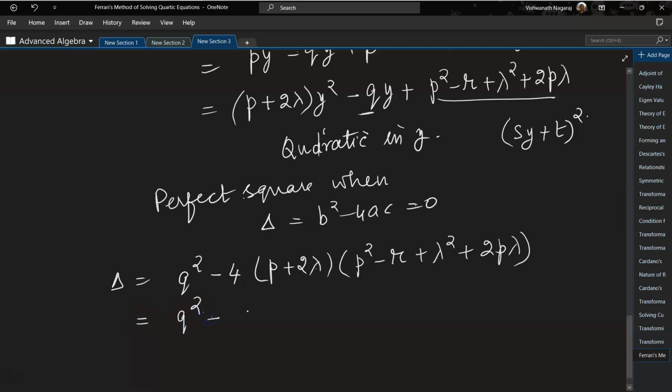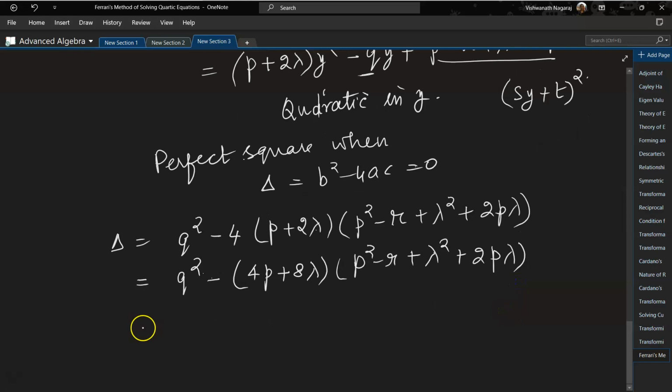So q square minus 4p plus 8 lambda square minus r plus lambda square plus 2p lambda a. Now let's multiply these two. We get q square minus 4p cube.